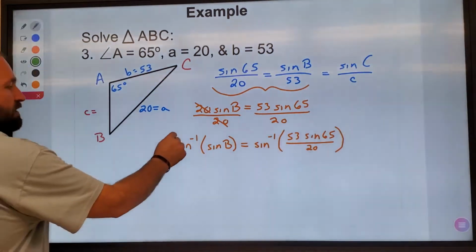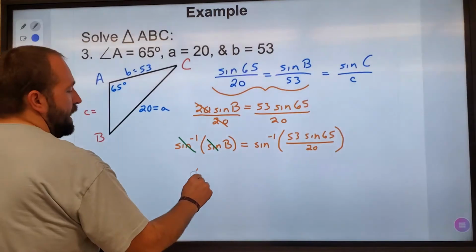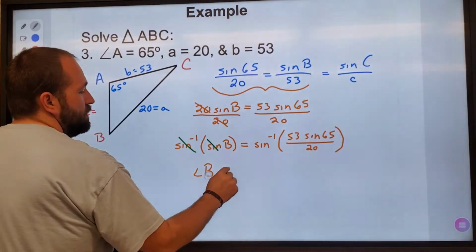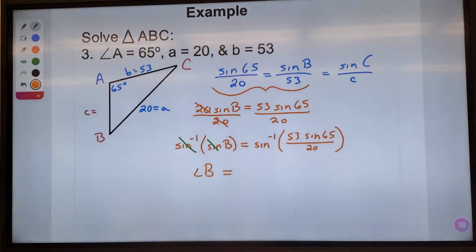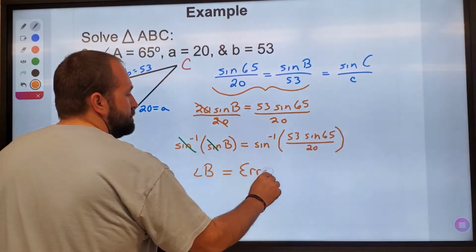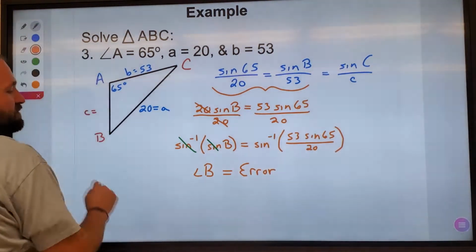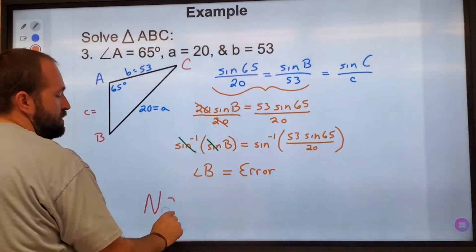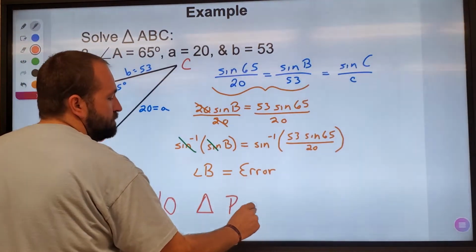Okay, inverse sine and sine will cancel out, and that is going to give me angle B. But when you plug this into the calculator, you'll notice that it should give you an error message. So that means that the answer is that there is no triangle possible.